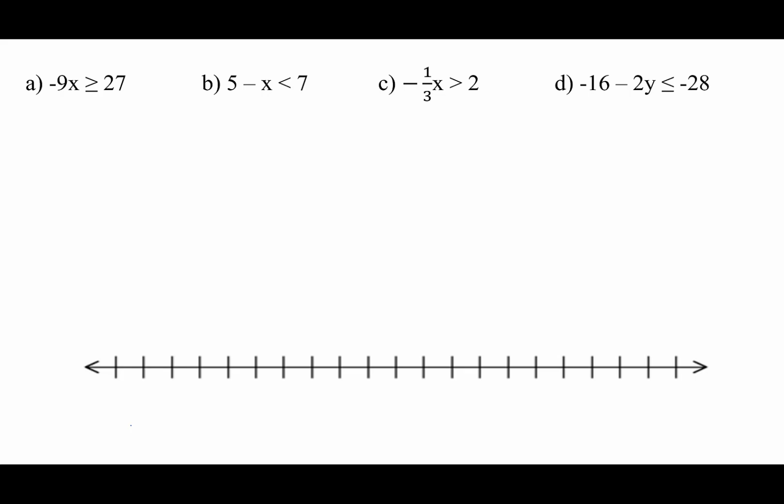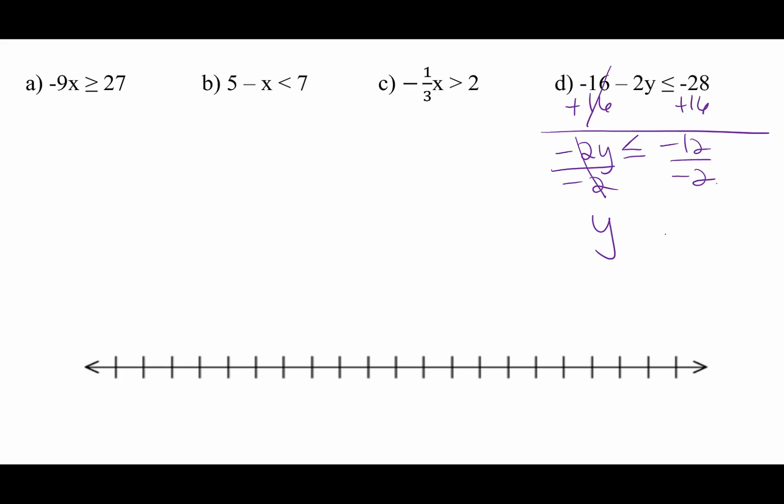Okay, let me show you one more on this video. Question D is negative 16 minus 2y is less than or equal to negative 28. The first thing I want you to do is add 16 to both sides. This will be negative 2y less than or equal to negative 12. Next, divide both sides by negative 2. The negative 2's cancel.